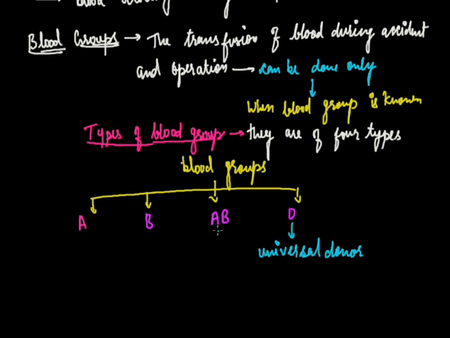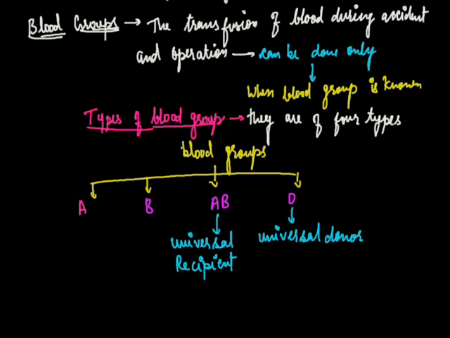Blood group AB is a universal recipient, or we can say universal acceptor. It means it can take blood from all kinds of blood groups: blood group A, blood group B, blood group O, and AB.